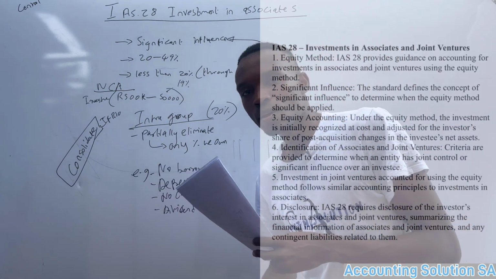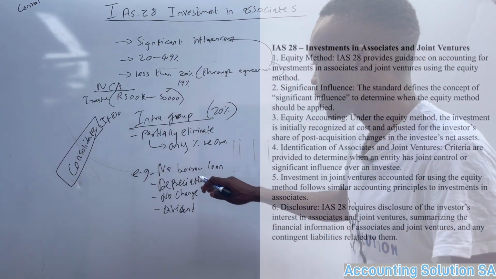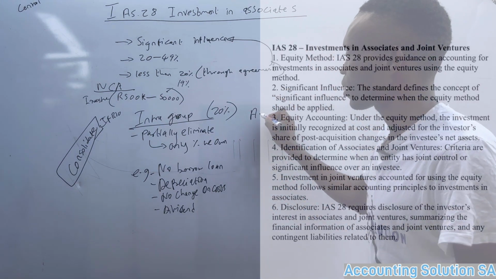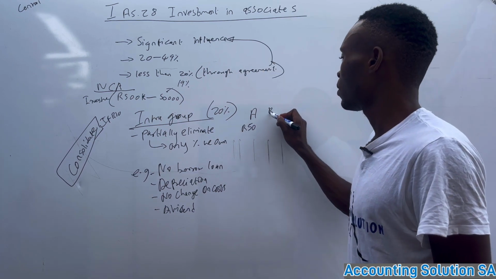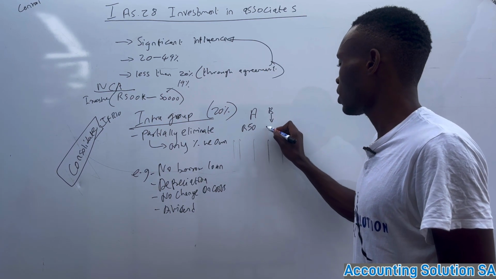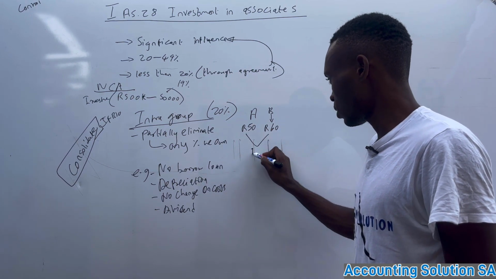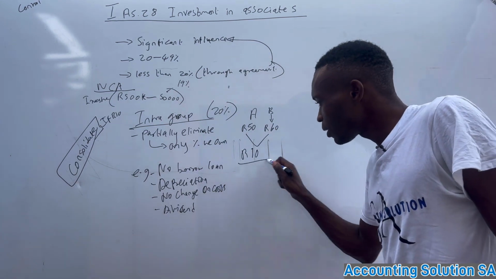But guys, when it comes to associates, remember, let's say company A was using straight line and depreciation was 50, and company B was using diminishing balance and it gives 60, which means the difference is 10. This 10, we don't eliminate in full.